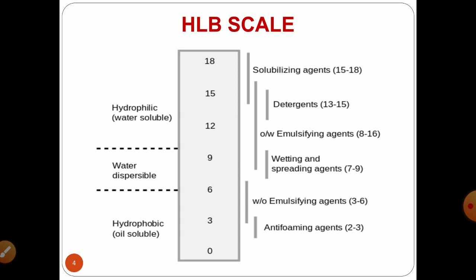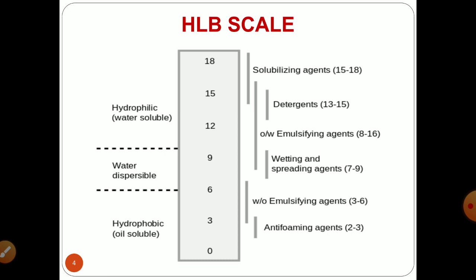If a surfactant has an HLB value equal to 1, then as I told you earlier, the lowest HLB value is considered lipophilic. So the one having an HLB value of 1 is considered very oil soluble, whereas the one having an HLB value near 15 is considered water soluble.